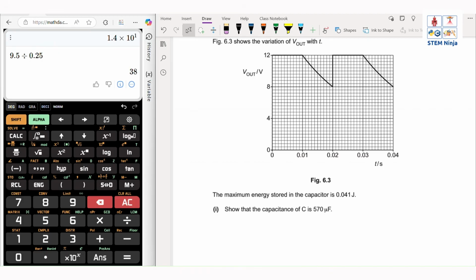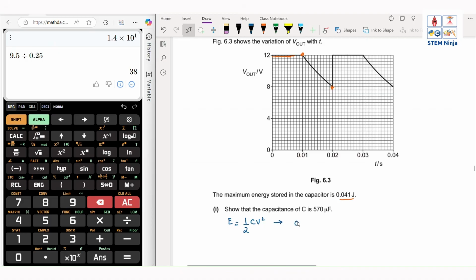We have the change going from potential maximum to lowest, because the capacitor can maximum be charged at 12 volts, and energy is given to us, so we can simply use E is equal to half C V squared.